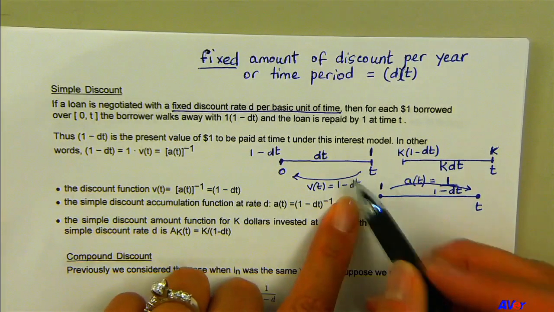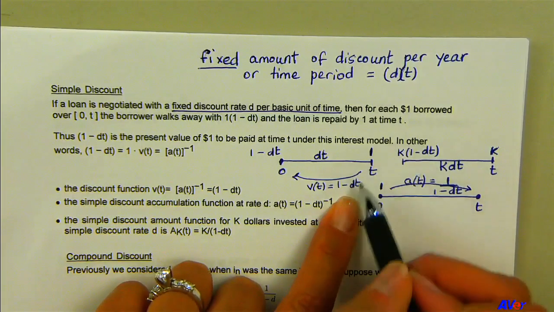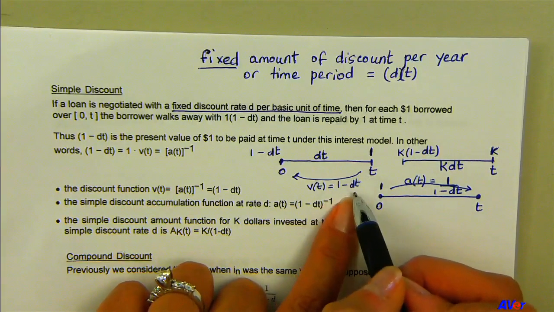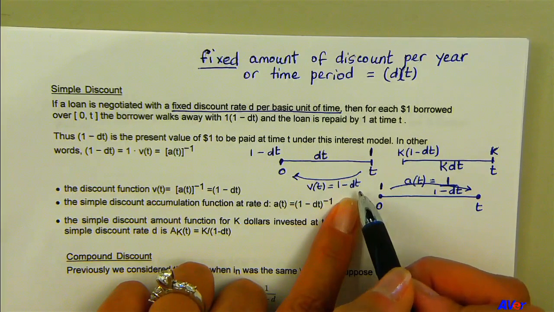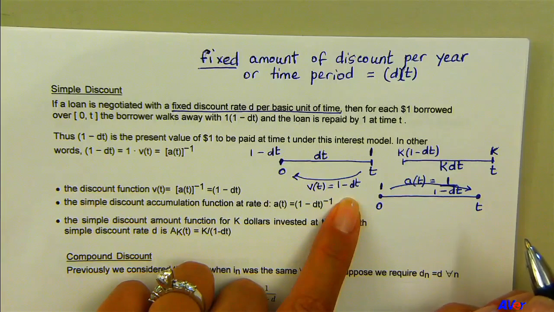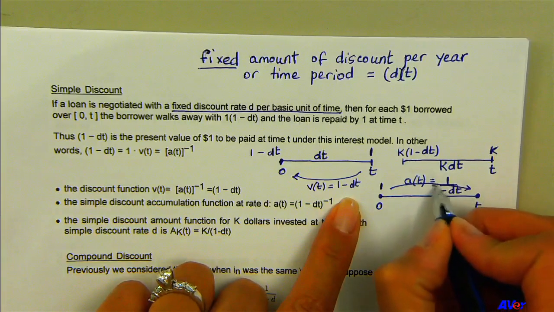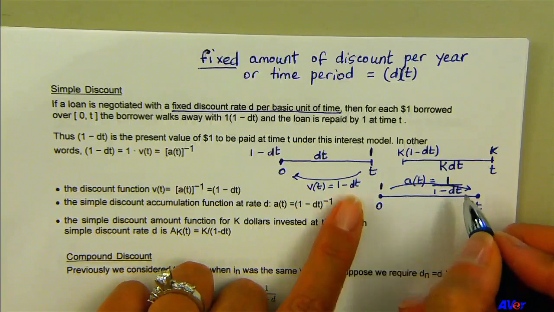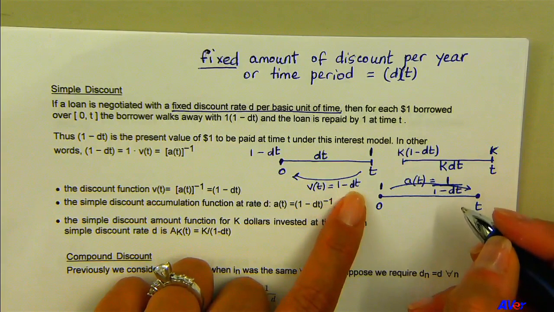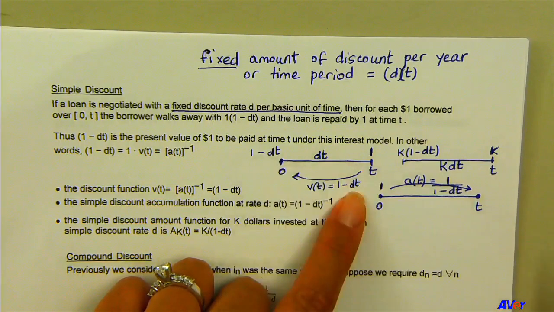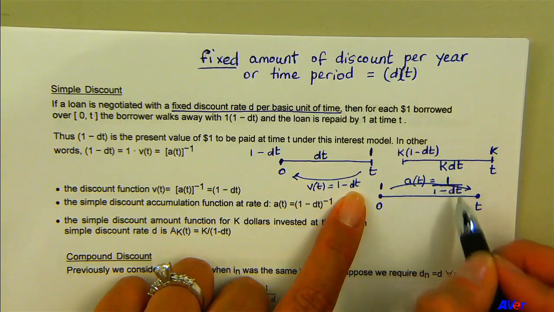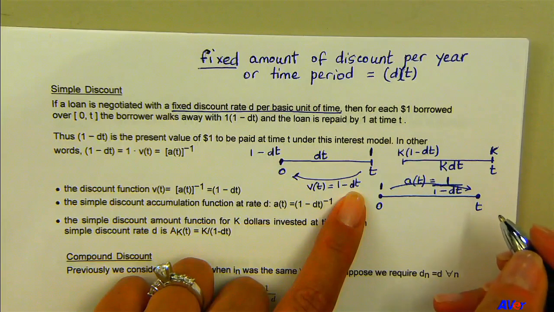I've said a lot in the last minute. I'm saying that the discount function is 1 minus d times t. Therefore, the accumulation function is the reciprocal of the discount function. It would be 1 over 1 minus dt. So in this case, I first established that my discount function is 1 minus dt to get from here to here. And therefore, the accumulation function is the reciprocal of that, which is 1 over 1 minus dt. Are you with me?